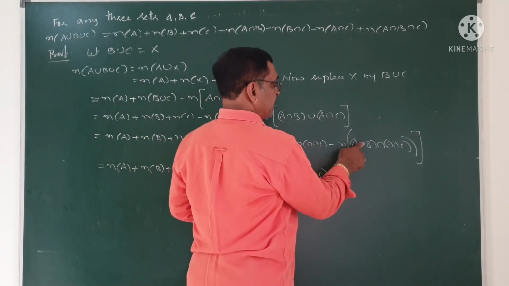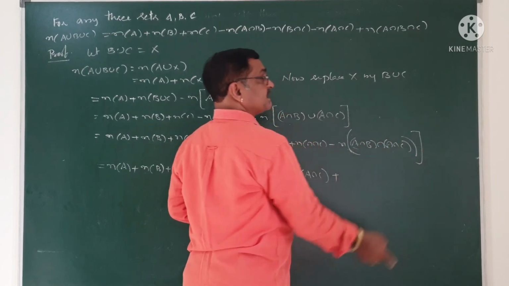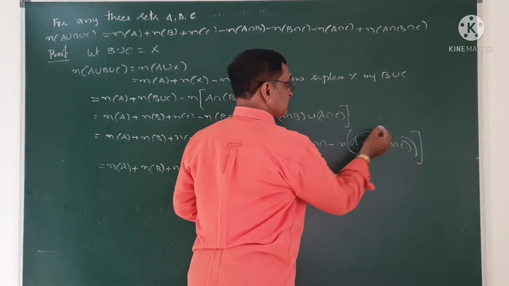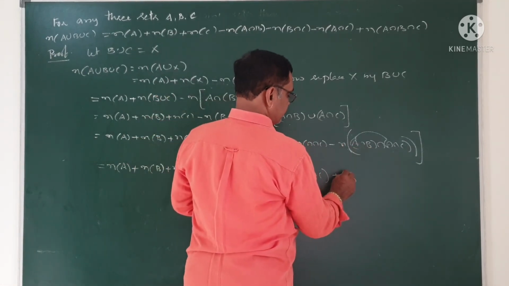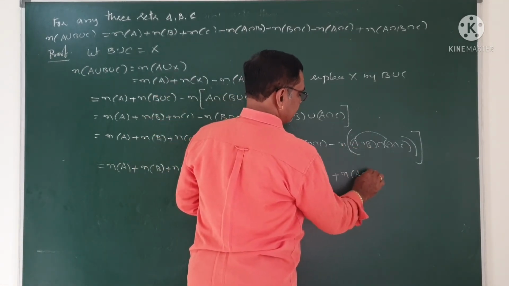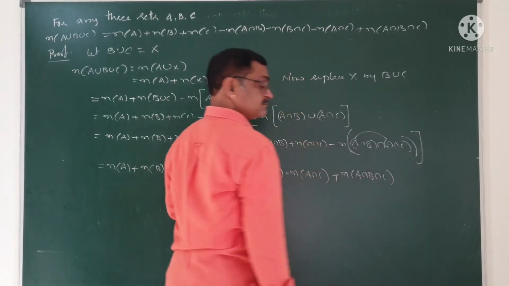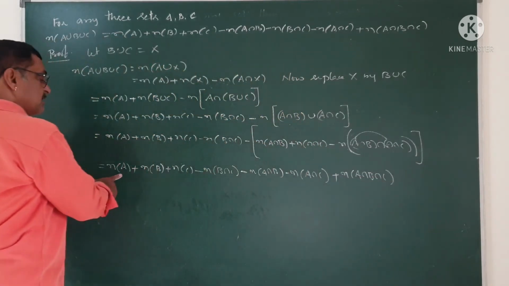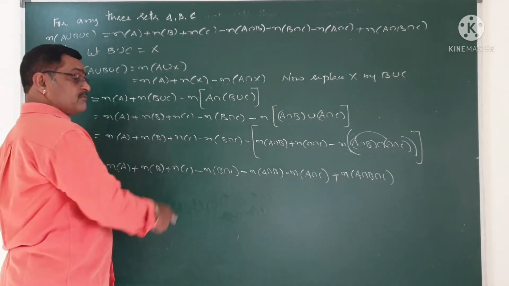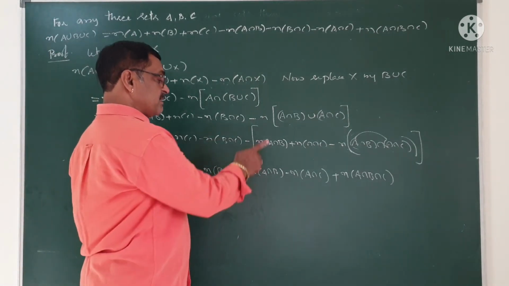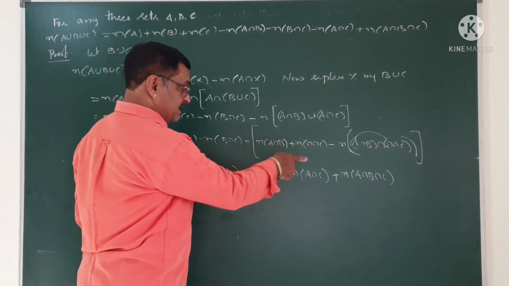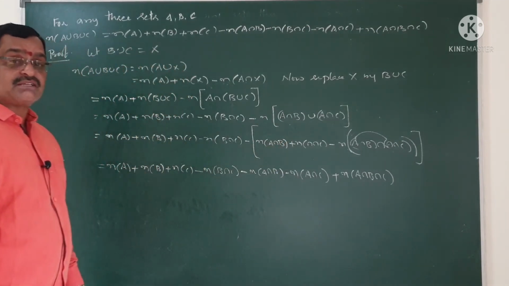This is A intersection B intersection A intersection C. A is repeating twice, so one time is enough. So the last part will become n of A intersection B intersection C. So I have n of A plus n of B plus n of C minus n of B intersection C minus n of A intersection B minus n of A intersection C plus n of A intersection B intersection C.